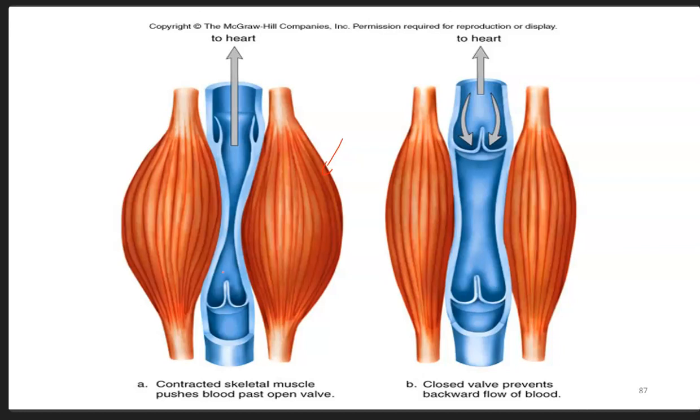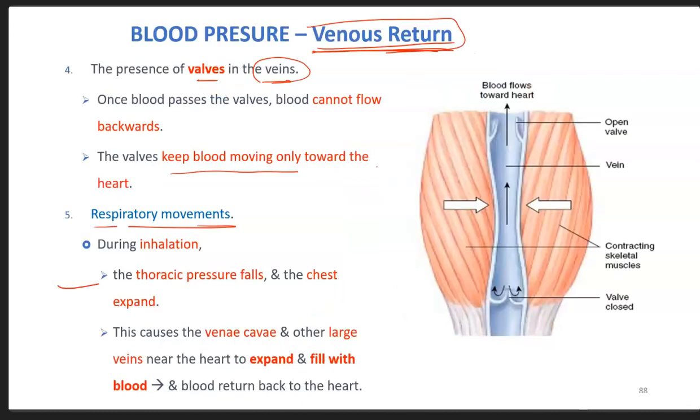If the skeletal muscle relaxes, once the blood passes through, the valve will close and prevent the backflow of the blood. It says here, contracted skeletal muscle pushes blood past the open valve. As the skeletal muscle relaxes, the valve will close and prevent the blood from flowing backward.